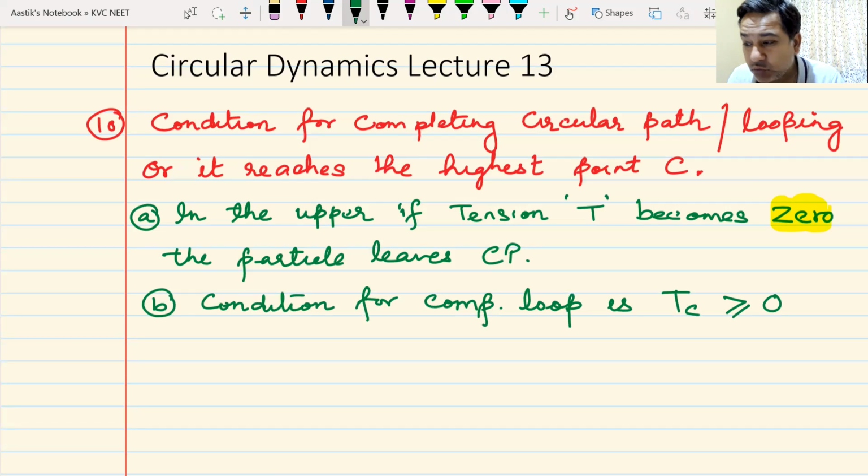That is the condition for looping. Tension at the highest point should be greater than or equal to 0. I can understand this like this.